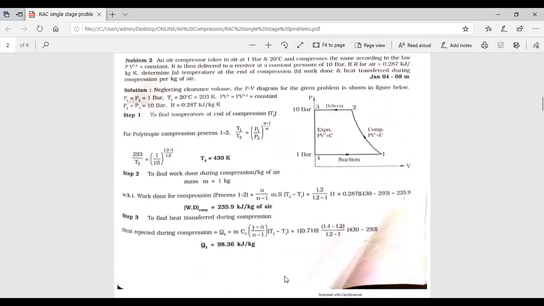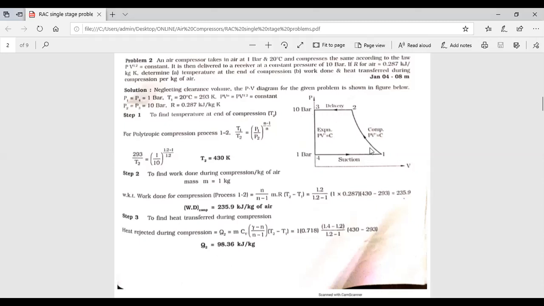The air compressor takes in air at 1 bar pressure and 27 degrees Celsius and compresses it according to the law PV raised to 1.2 equals constant. It is then delivered to the receiver at a constant pressure of 10 bar. Here P1 is 1 bar and P2 is 10 bar. P2 and P3 are the same. P1 and P4 are the same.